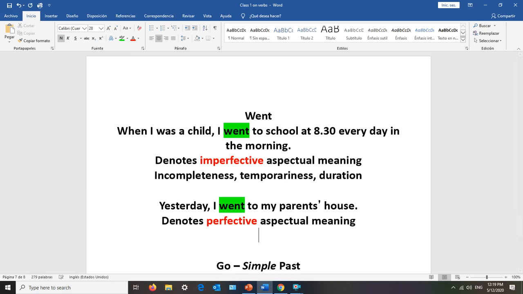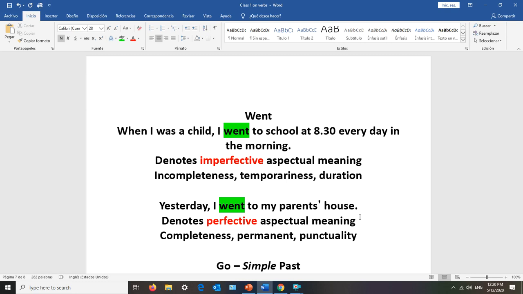Therefore, notions such as completeness, notions such as permanent, notions such as punctuality are connected to this other meaning.